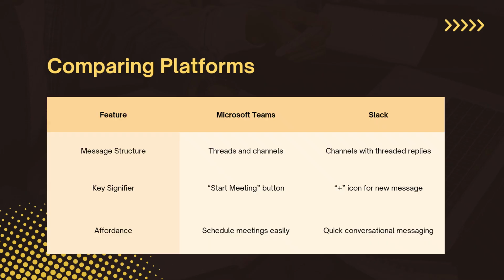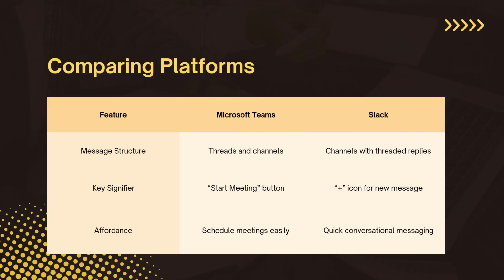You might be wondering what this type of comparison actually looks like. So let me show you a quick example here comparing Microsoft Teams and Slack. On the screen, you can see a simple comparison table. When we look at message structure, Microsoft Teams organizes communication through teams, channels, and threaded conversations, while Slack also uses channels, but the conversations tend to feel a little more like a continuous chat, with optional thread replies.